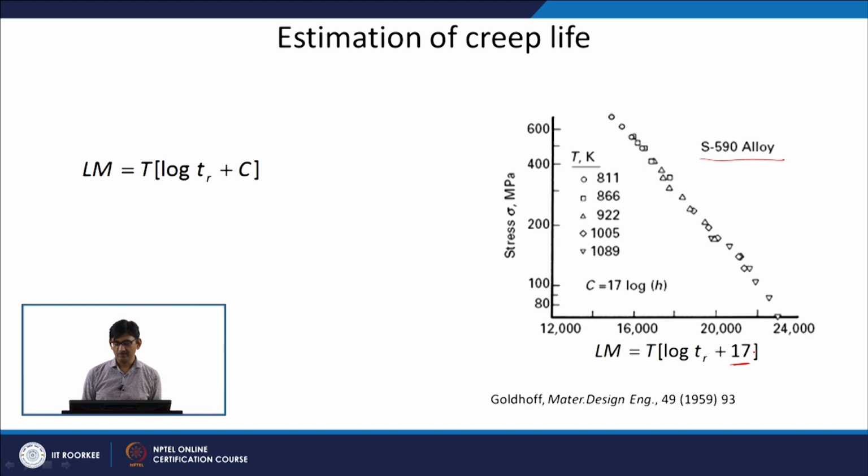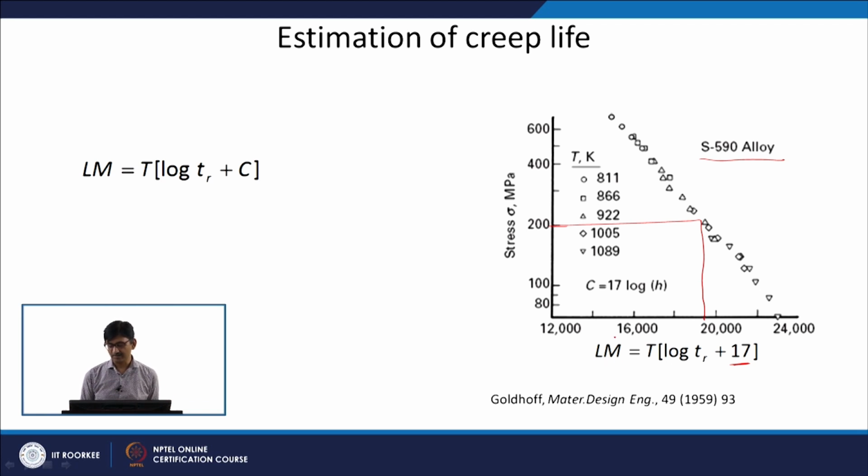So, now if I know that my material is going to be exposed to a stress, for example 200, then I can find out what the Larsen-Miller parameter will be at that stress. So, let us say, if this is 20,000, it must be around 19,000 or 19,500.